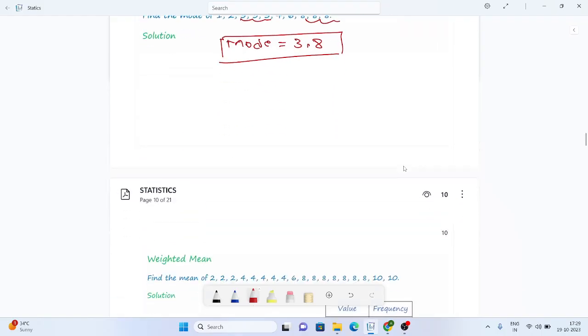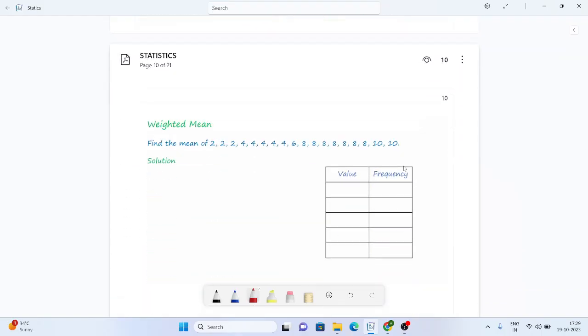Done? Okay. Now weighted mean. So what is weighted mean? Weighted mean is nothing but the extension of mean or average, right?